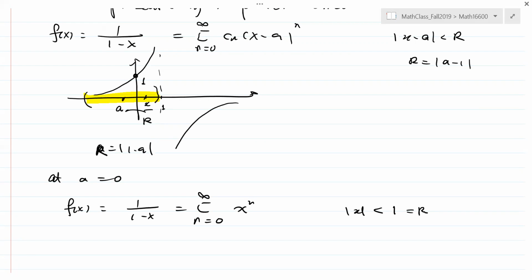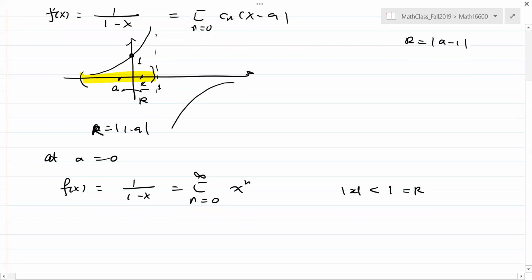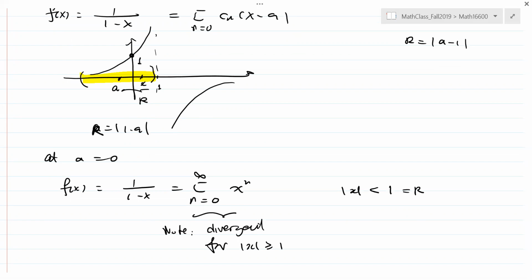If you look at the geometric series, this series is divergent for x greater than or equal to 1. But the function on the left-hand side is defined for any x not equal to 1. They just match over the interval.